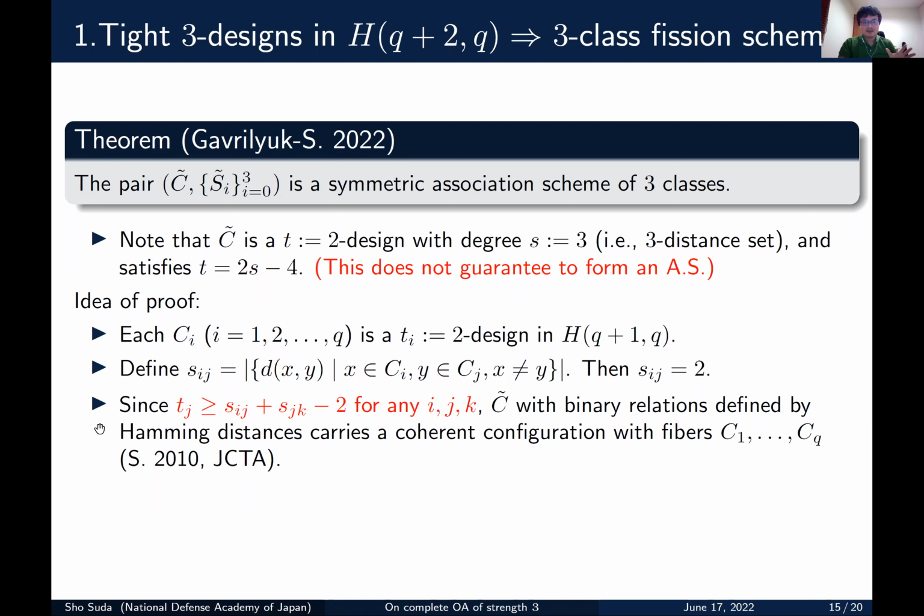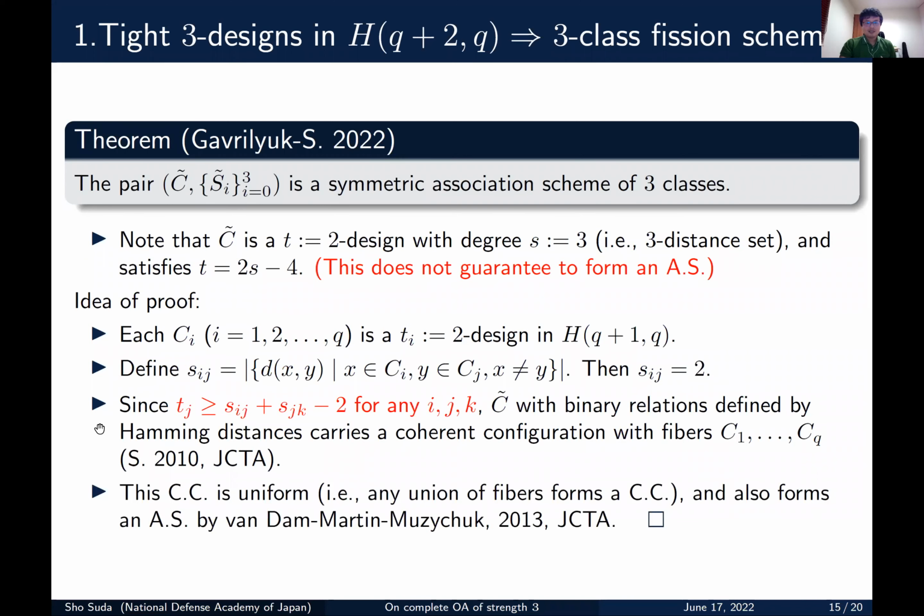And now we can construct a coherent configuration from type 3 designs in Hamming schemes. Also, this coherent configuration has the so-called uniform property. Roughly speaking, any union of the fibers again forms a coherent configuration. This property was extensively studied by Van Dam and the next speaker, Belmonte and Michichak, in 2013's JCTA papers. And if we use their result, our coherent configuration also forms an association scheme. So this is the idea of the proof.